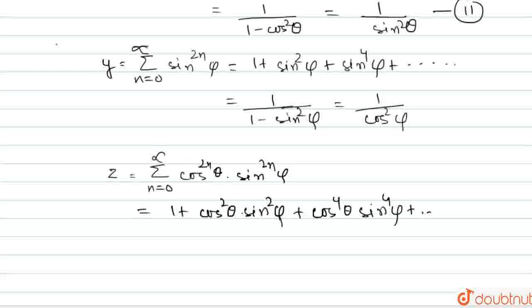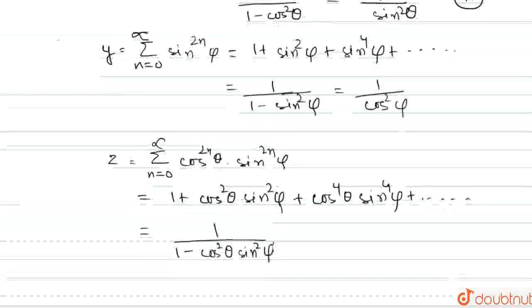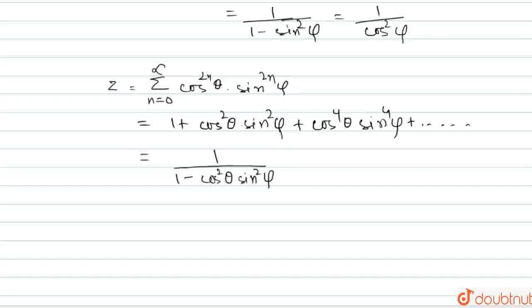Again this is an infinite GP with first term 1 and common ratio cos square theta into sin square phi. So its sum will be equal to 1 upon 1 minus cos square theta into sin square phi. Now we have to prove that z is equal to xy upon x plus y minus 1.